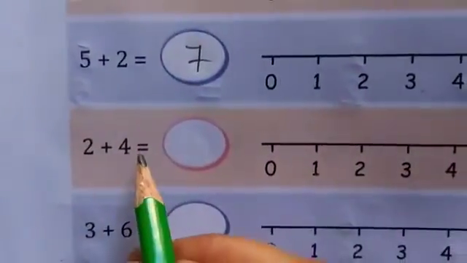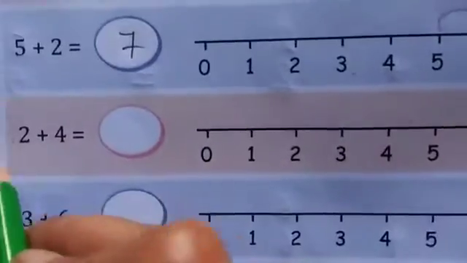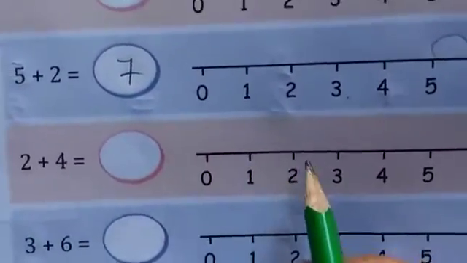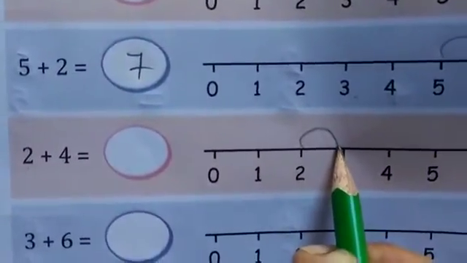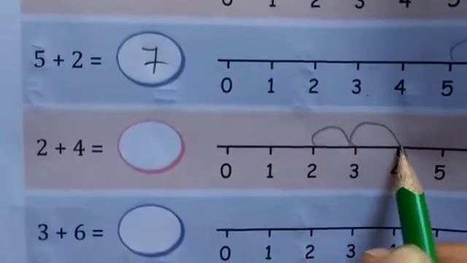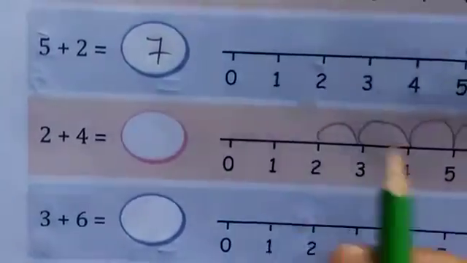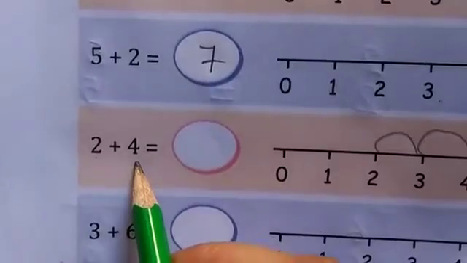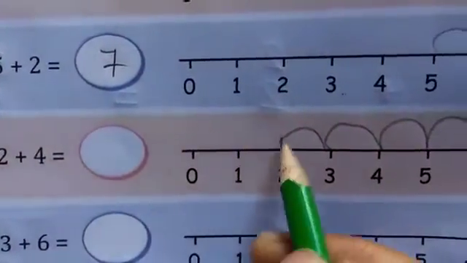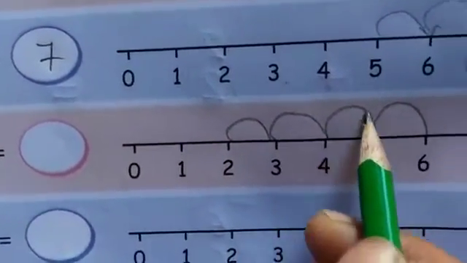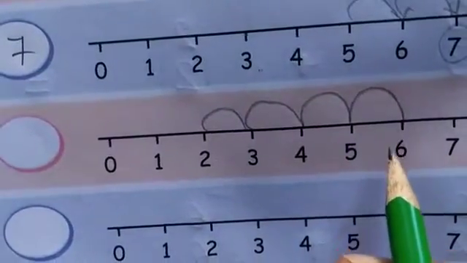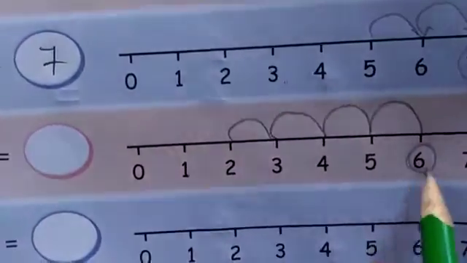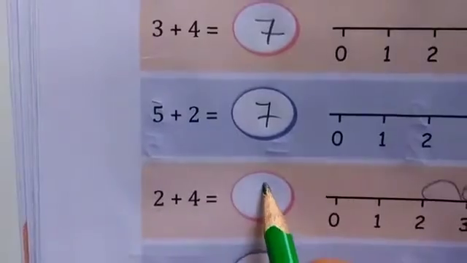Next one is 2 plus 4 equals. The first number is 2, so we start from 2. 1, 2, 3, 4. How many numbers do we go forward? 4 numbers from 2. 1, 2, 3, 4. We get 6. This number is the answer. So we write here 6.